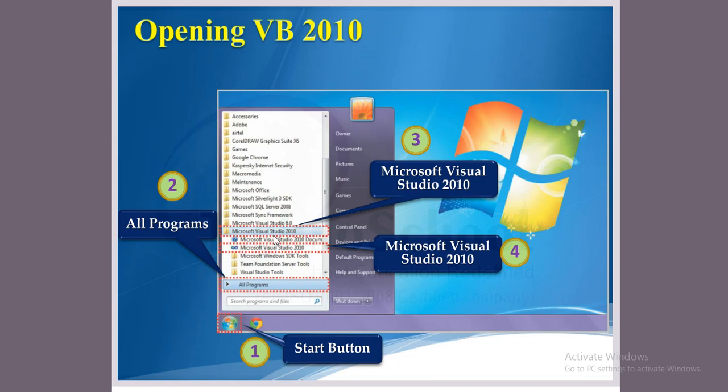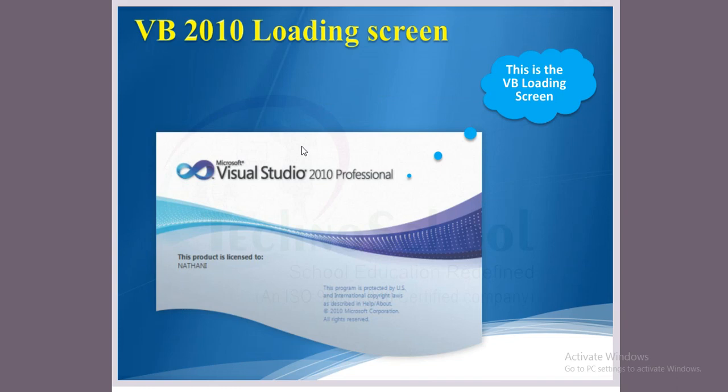In that, you can see, right, one folder Visual Basic Studio 2010. Under that, you will have Microsoft Visual Studio 2010, with an icon like this loop. Once you click it, next you will have Visual Basic.